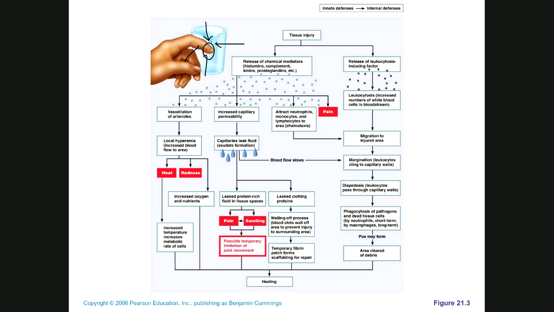But here's the problem with inflammation. Inflammation, it's kind of like if you decide to remodel your kitchen. So think about it. If you remodel your kitchen, the first thing you have to do is remove the old stuff. So that's what happens with this inflammation. But think about it.